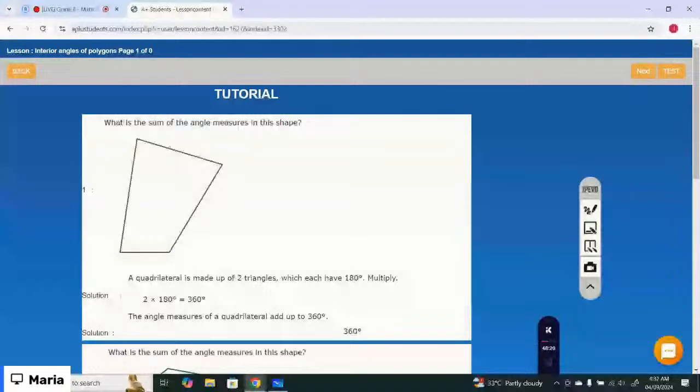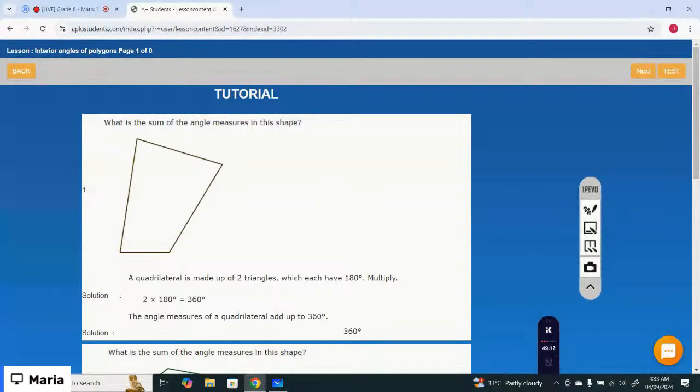Okay, what is the sum of angle measures in the shape? That is a quadrilateral, right?